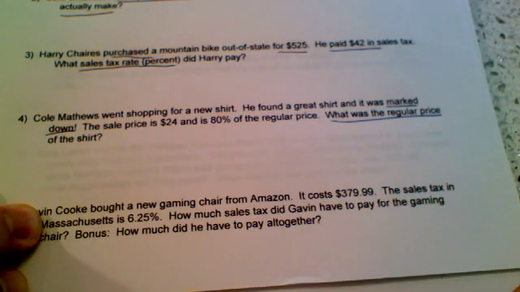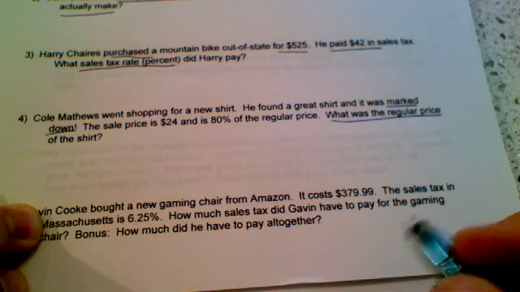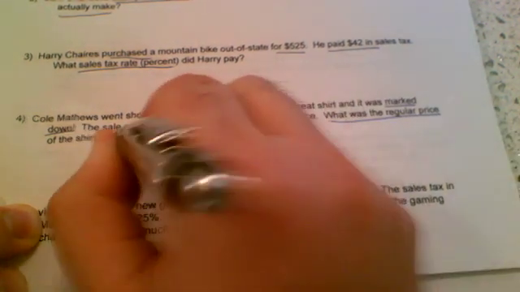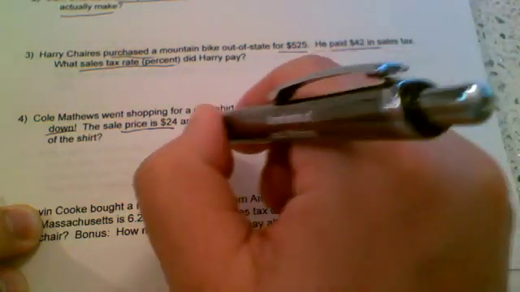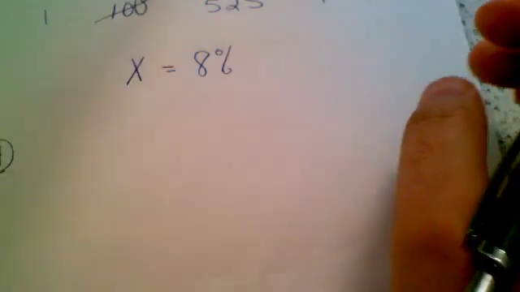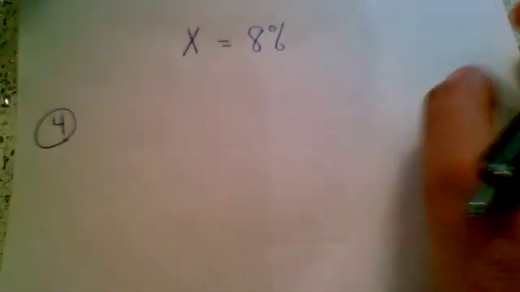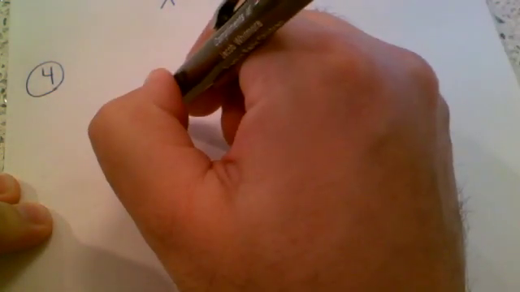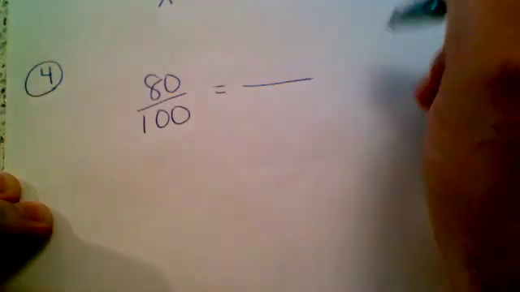So it's marked down. So that tells us that the regular price is going to be more than the $24. And that is 80%. All right. So we know that the shirt is 80% of the original amount.